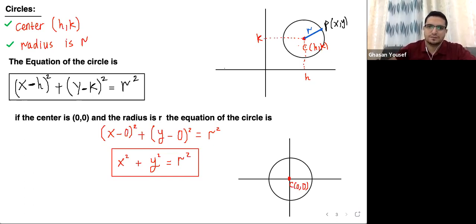And the radius is from the center to any point on the circle. Suppose like this. So this is the radius, r.